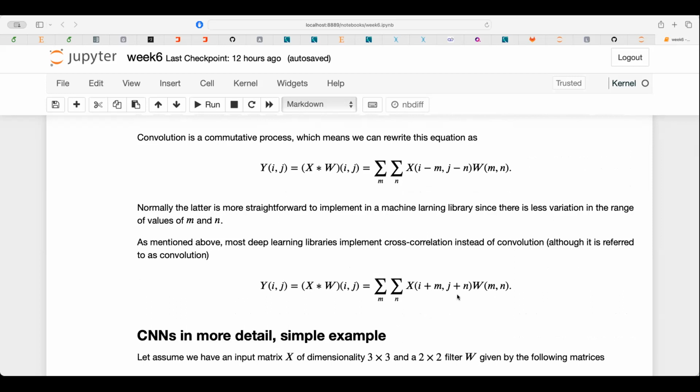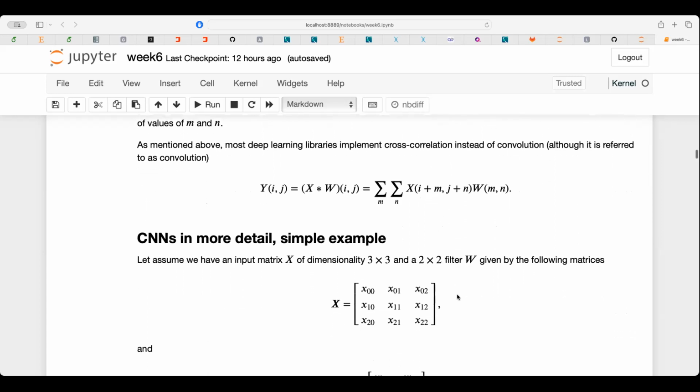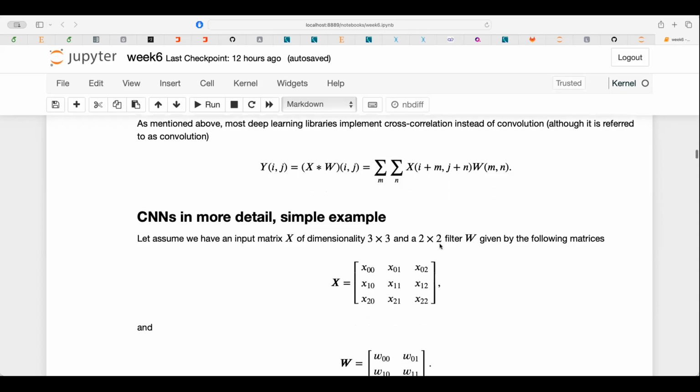So one thing I put up here, and I'm going to use this example to introduce yet another hyperparameter, which is stride. So suppose you have this input here. This is often called a volume input or input volume. And we are having a filter, a 2x2 filter.